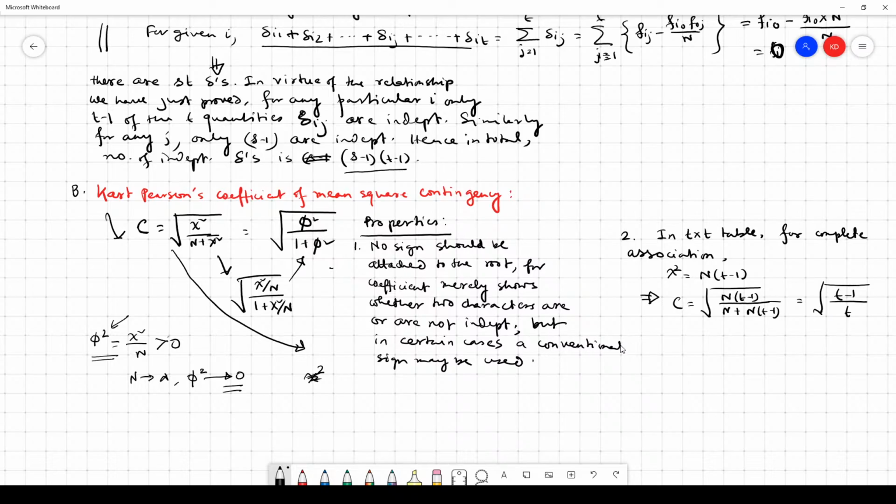So note that no greater association than the case if phi j equal to phi naught f naught j for all i, and if phi j equal to 0 for all i not equal to j.